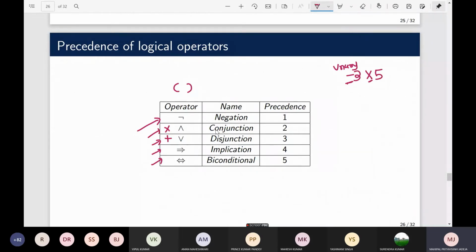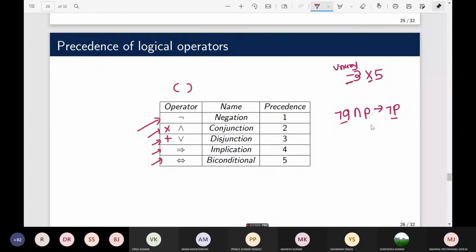So if we follow these rules, what will happen with respect to this particular compound proposition? Negation Q and P implies negation P. Let's say this is my compound proposition, and there are three operators, as we can see. By default, negation will have higher precedence. So depending upon the values of P and Q, first we will evaluate them.